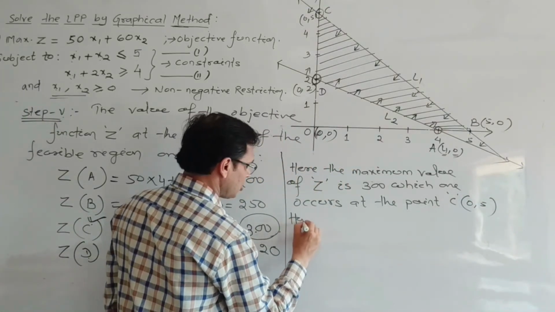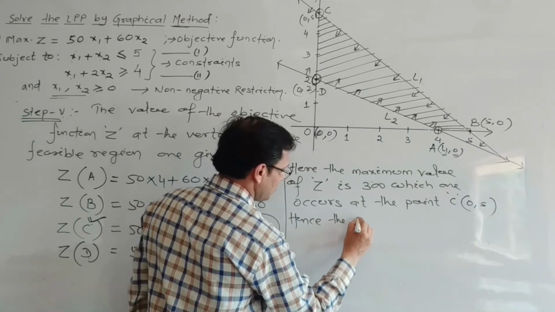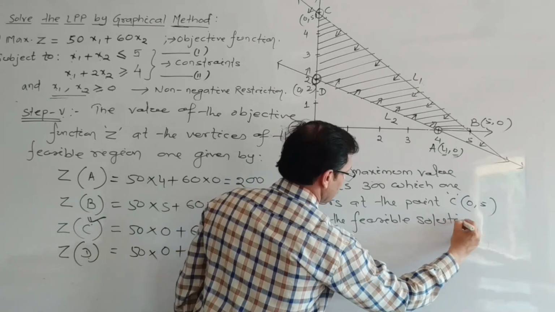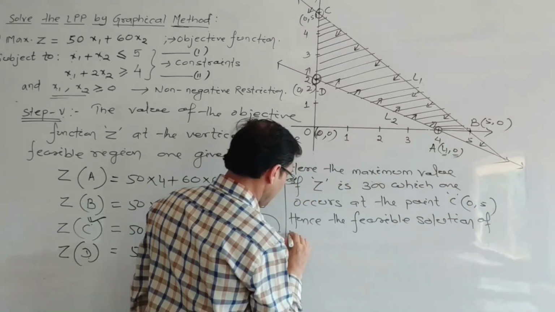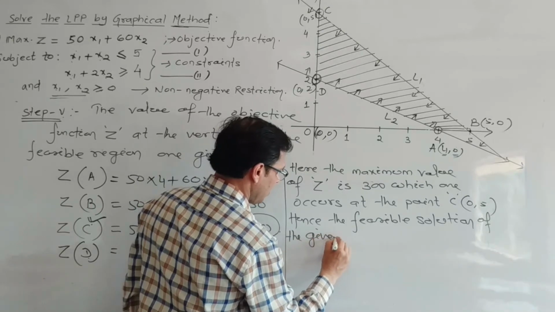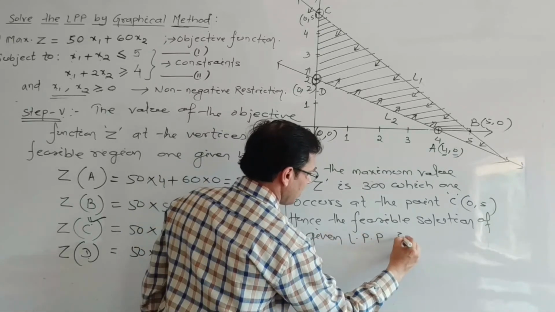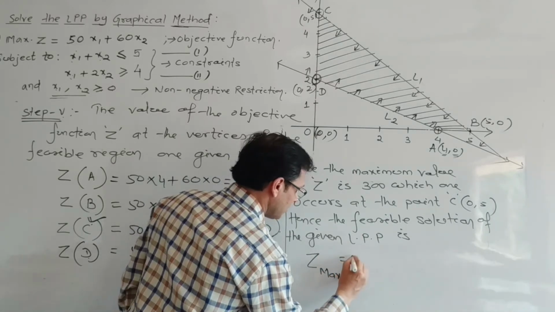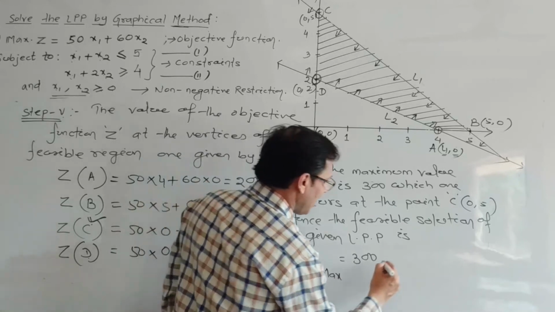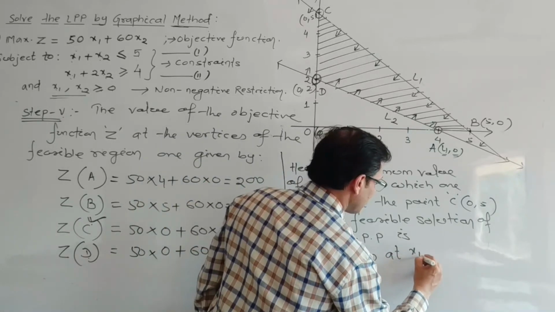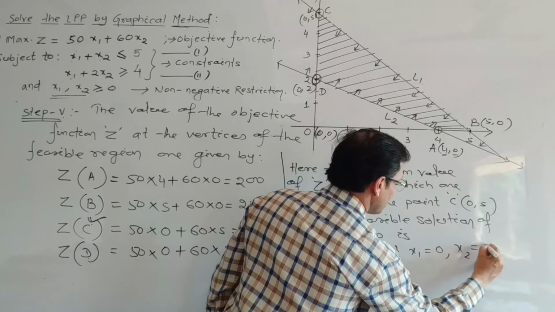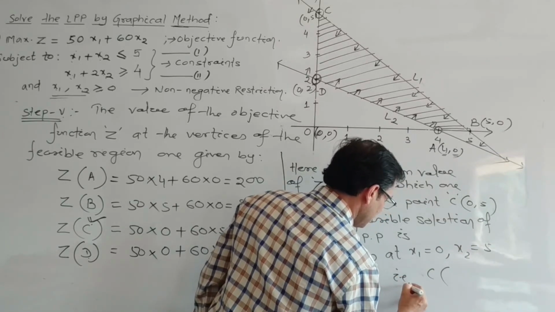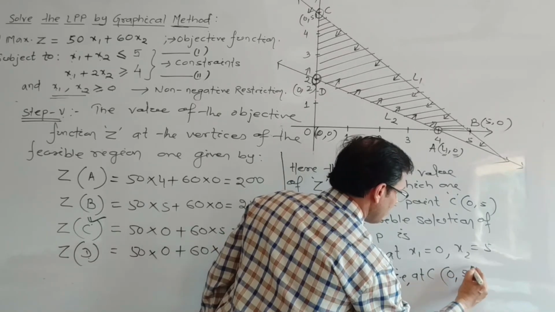Hence the feasible solution of the given LPP is z maximum. You can write: z maximum is equal to 300 at the point x1 equal to 0, x2 equal to 5, that is at C (0, 5).